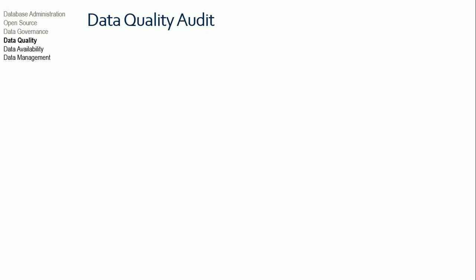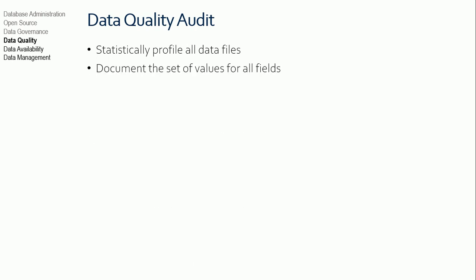So as far as a data quality audit, if I said this before in this class, you could take whole courses on auditing, on IT auditing, and data quality audits are an important part of IT auditing. It works very closely with database administration, right? So it's important to understand this. We can statistically profile all of our data. We can document values for all fields. We can analyze patterns within our database.